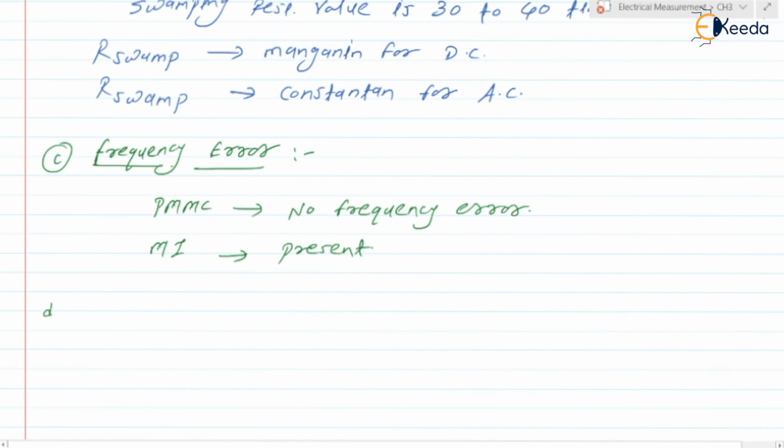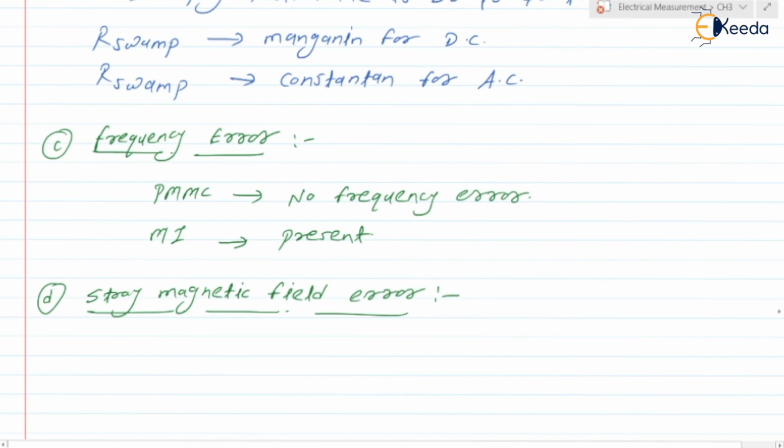Next, the fourth error we have is the stray magnetic field error.